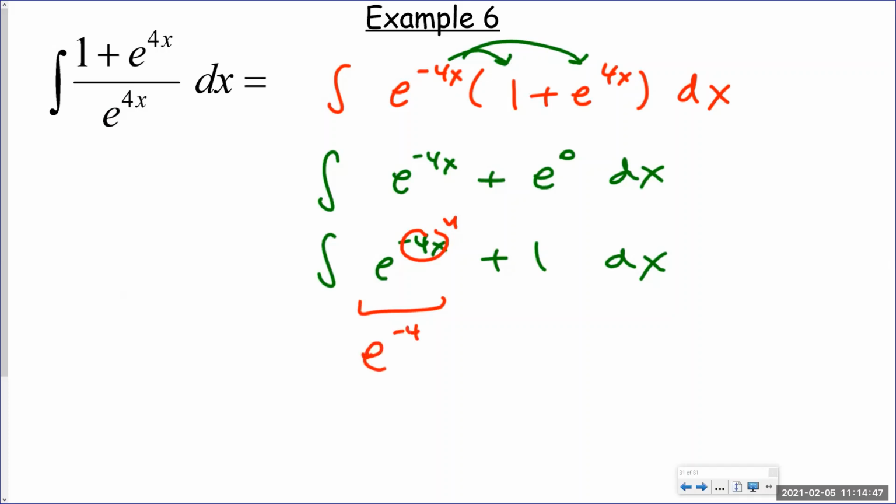It's e to the u, right? But don't forget to divide by the derivative of negative 4x. What's the derivative of negative 4x? Negative 4. Do my x's cancel out here? Yes. So do you see you have a negative 1/4 here? Plus, what's the integral of 1, guys? X plus c. Is everybody good with that?